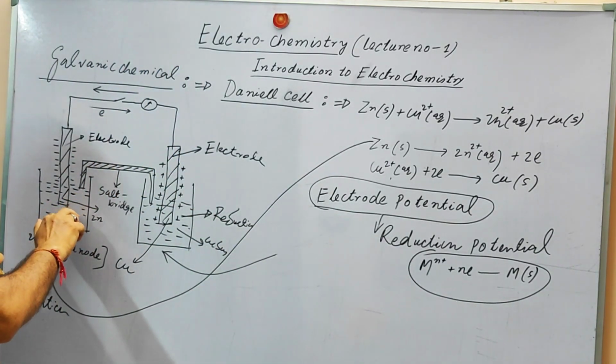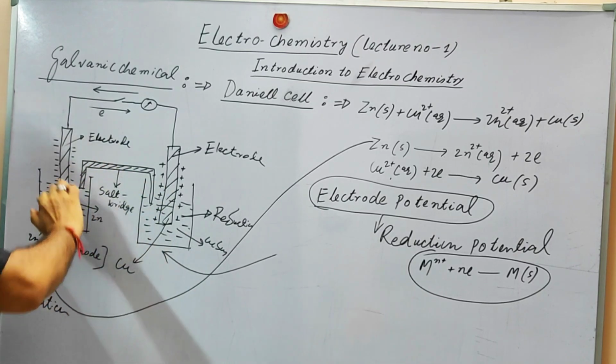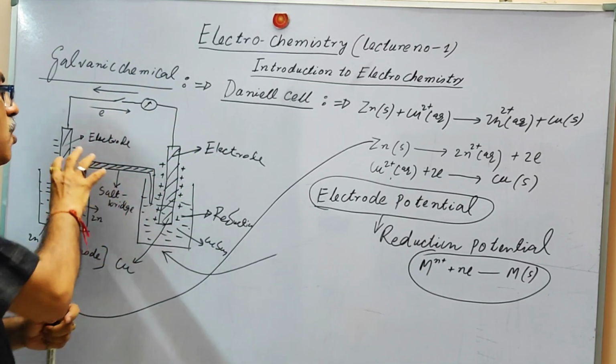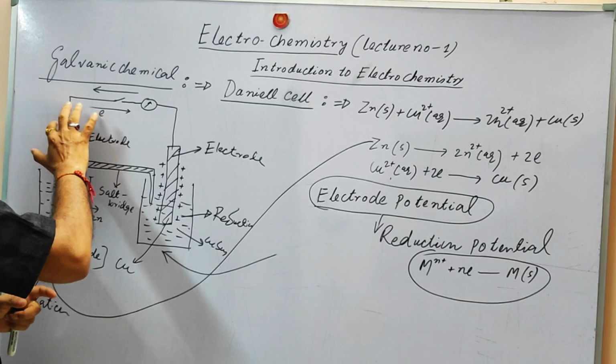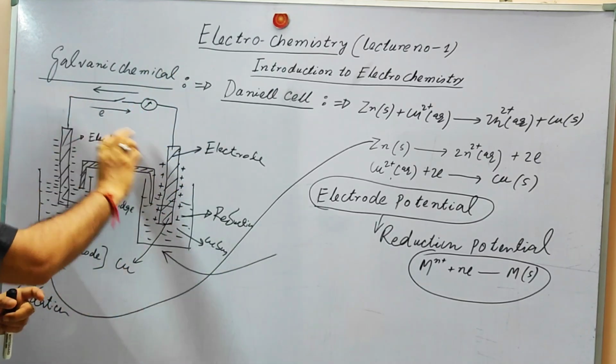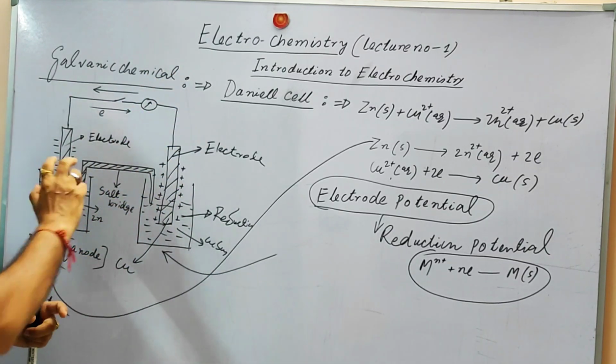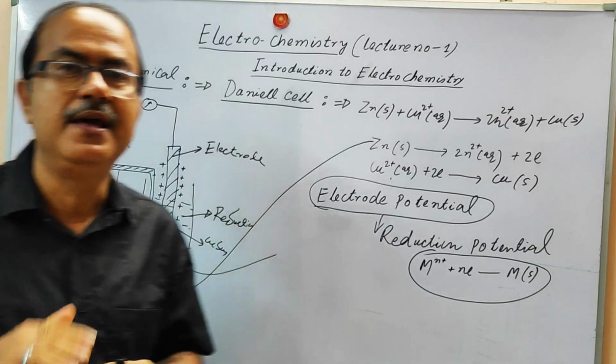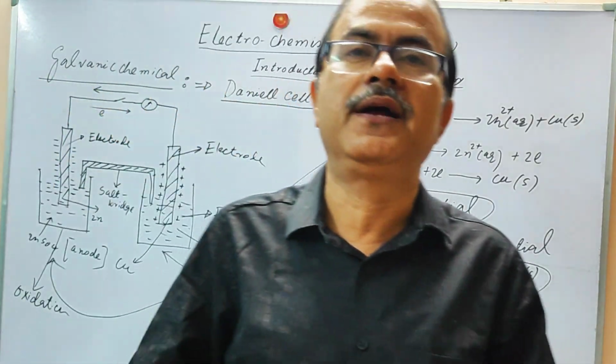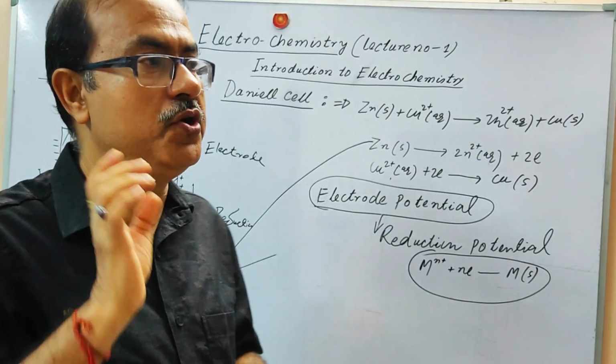This connection completes what is called the inner circuit. This is the outer circuit and this is the inner circuit. Only when these two circuits are completed will the current flow. Otherwise not.